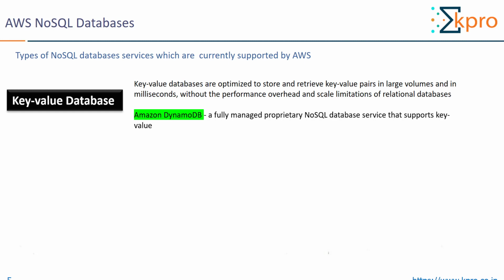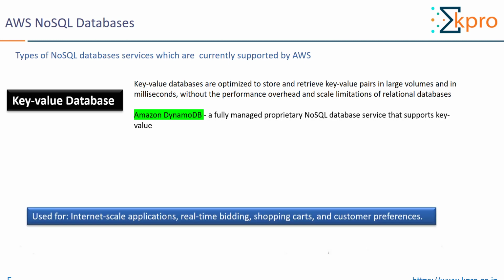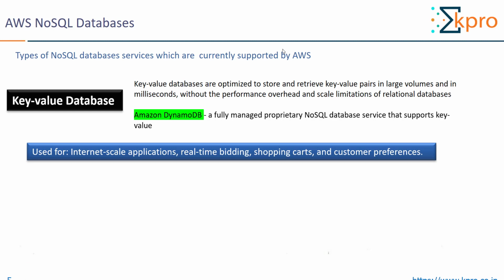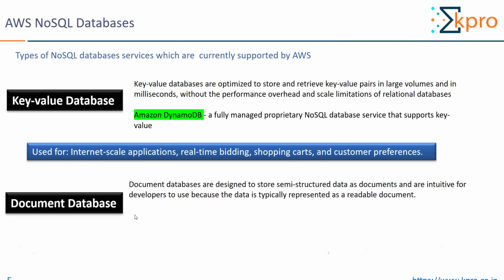The second type of NoSQL database service is used for internet-scale applications, real-time bidding, shopping carts, and customer preferences. All these use cases you can serve with Amazon DynamoDB. Now, document databases. Document databases are designed to store semi-structured data as documents and are intuitive for developers to use because data is typically represented as a readable document.